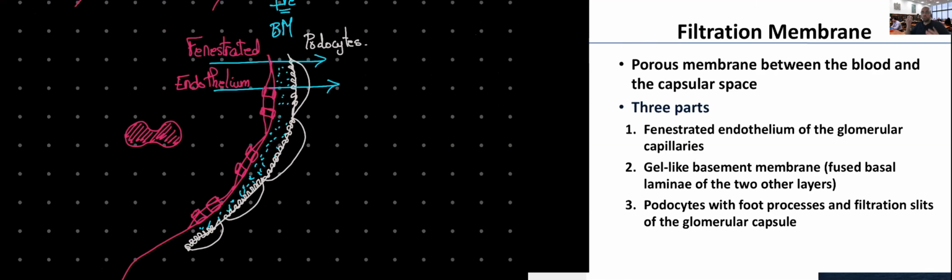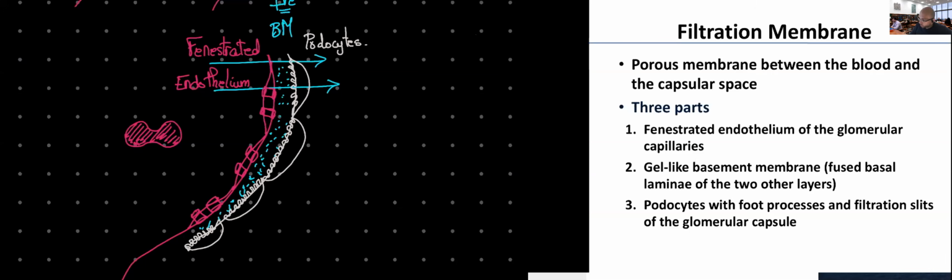If you remember, when we studied the 3 different types of capillaries last class, we mentioned that the type of capillaries that allows cells to travel in and out of the bloodstream, those were the sinusoidal capillaries, not the fenestrated capillaries. So fenestrated capillaries cannot allow blood cells to travel through. They are larger than the fenestrations in the endothelium.